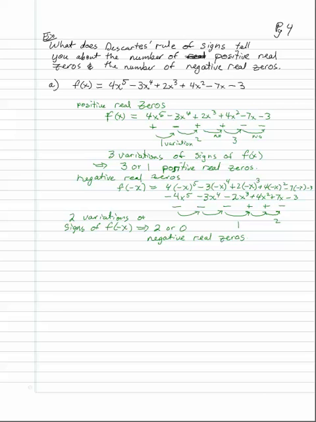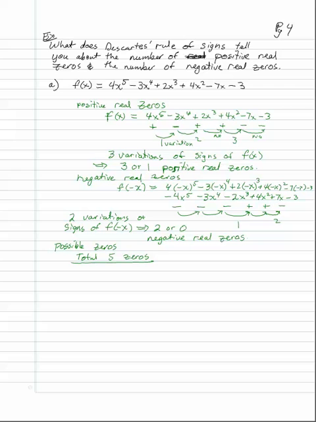Okay? So our possible outcomes: we have a total of 5 zeros, whether they're complex or real, because it's degree 5.